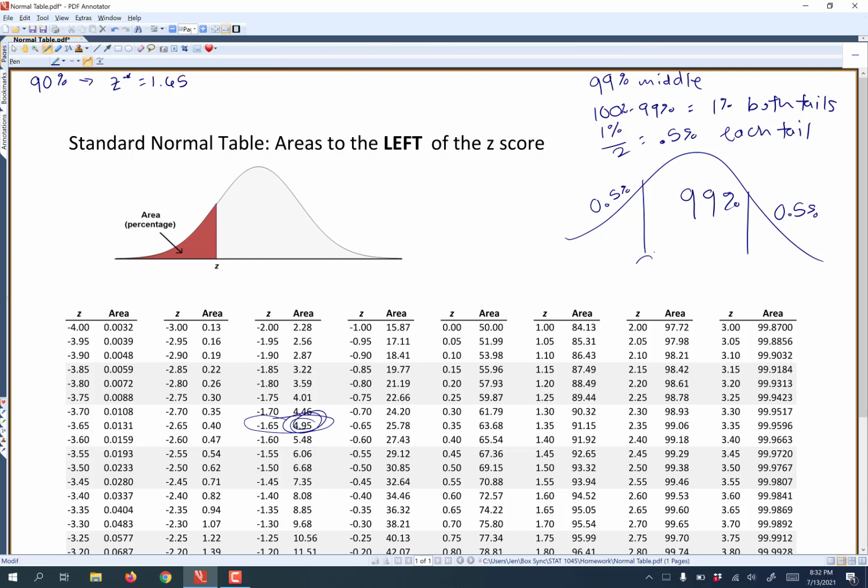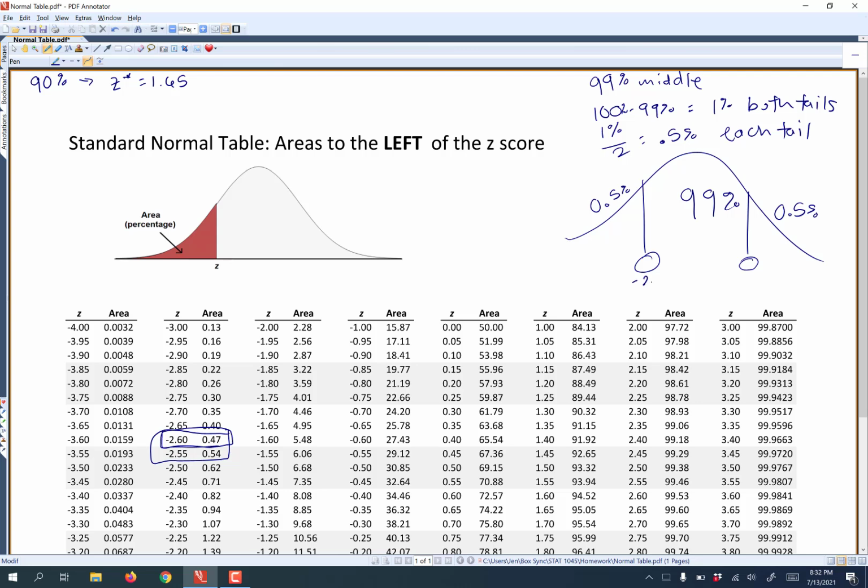We want to figure out what is this value and what is this value. What are those z values that are dividing it that way? So now look for 0.5%. Looks like we're going to be somewhere about here, somewhere between 0.47 and 0.54. Looks like this negative 2.6 is just slightly closer.